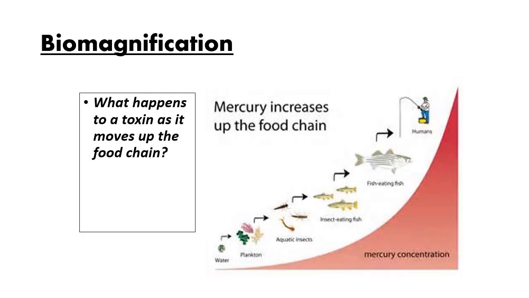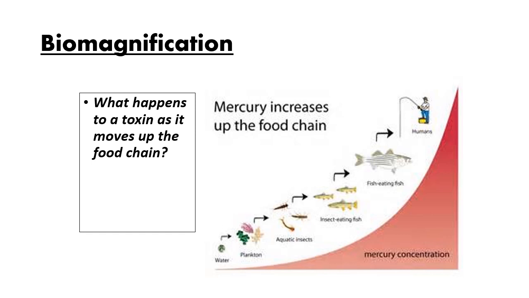Biomagnification. This is what happens to a toxin as it moves up the food chain. Here, this is mercury concentration. So we get some mercury in the water. The plankton are going to eat a little bit of the mercury. Well, the aquatic insects, to get as much energy as the plankton, need to eat quite a bit of plankton.